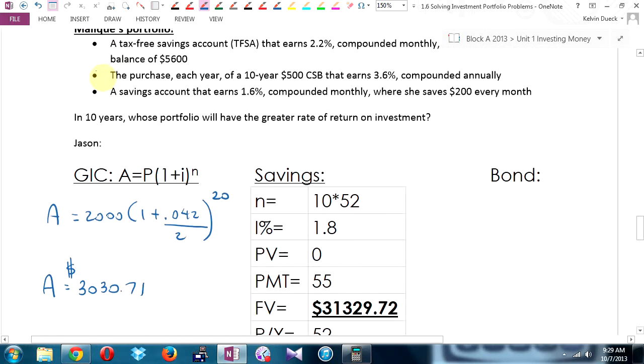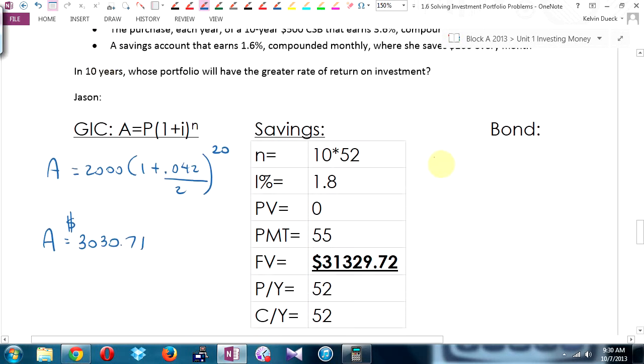So I'm going to go like this. Bond. The first 5 years, it's going to be A equals P bracket 1 plus little i to the n. Sebastian, what's he starting out with in the bond? 1 plus, what's the interest rate per year? 3.9. Compound, 0.039 is what I'll put, right? Compounded how?